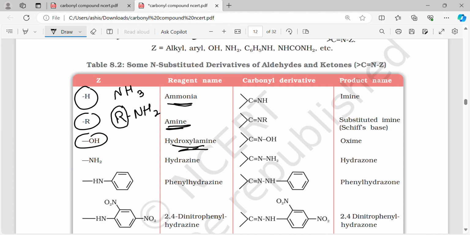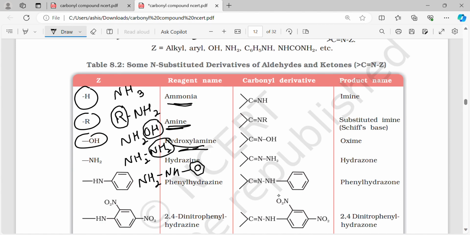How? If we are making the structure of ammonia, apart from NH2 there is only H present, that is Z. 1 degree amine, RNH2. What is here? Z is R. And the structure of hydroxylamine is NH2OH. So what is Z here? OH. What is hydrazine?